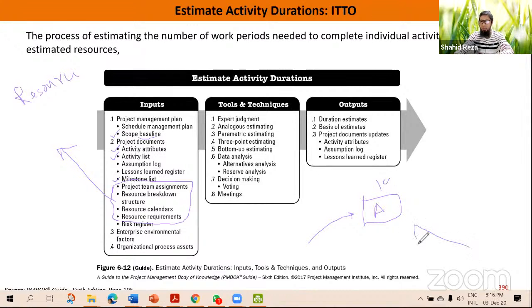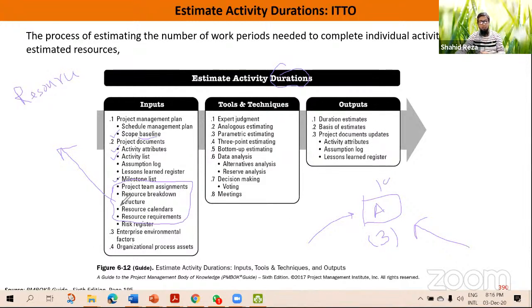But if you involve an experienced person, maybe he will finish this task in 3 days. So before finding out the duration, you also need to understand who is going to work on which activity. That will help you find the estimate more accurately.